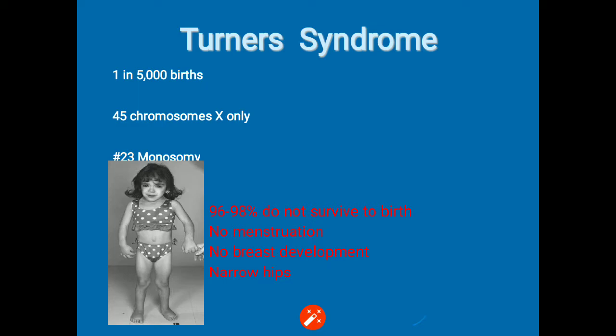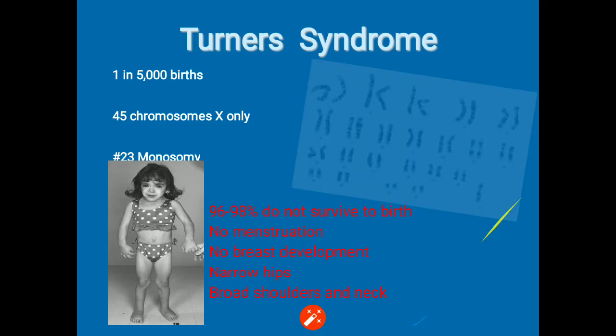There are 45 chromosomes, with 44 autosomes and an X chromosome, and it is a case of monosomy at the 23rd chromosome. 96 to 98% do not survive to birth; symptoms include no menstruation, no breast development, narrow hips, and broad shoulders and neck.